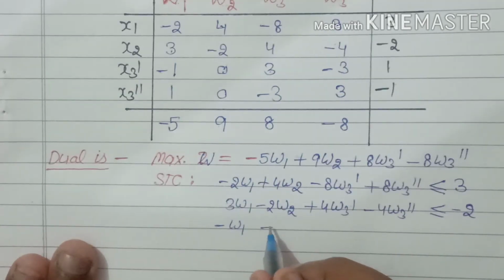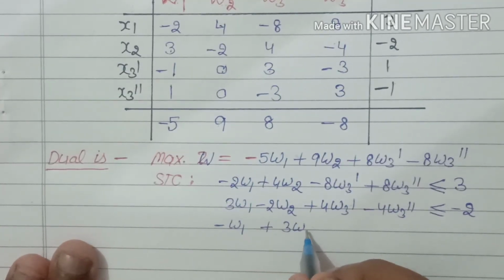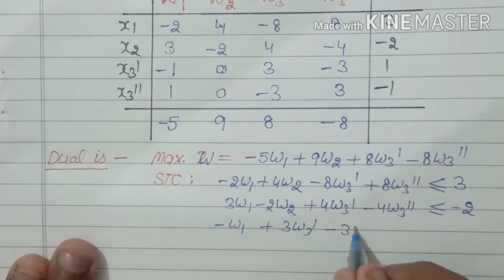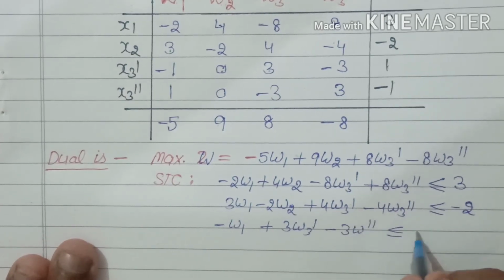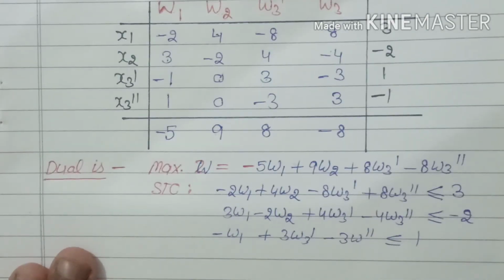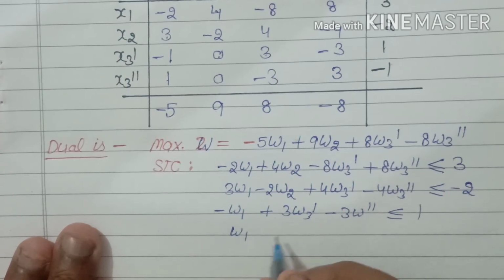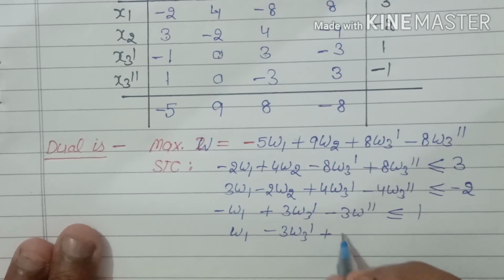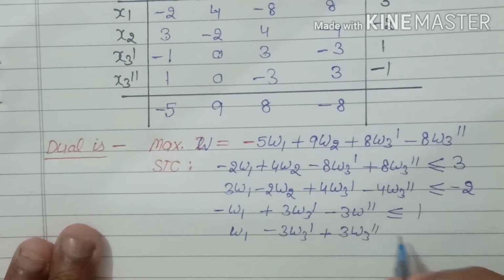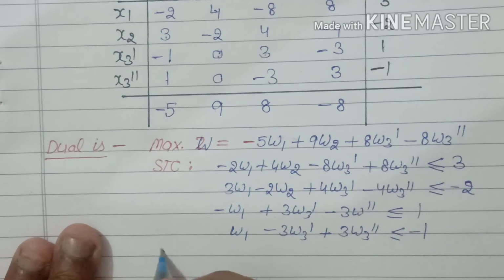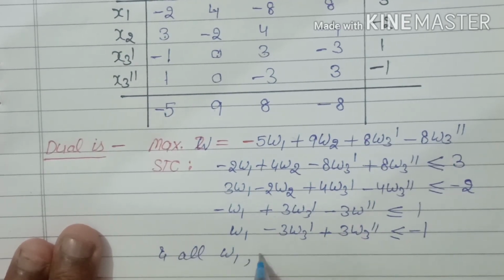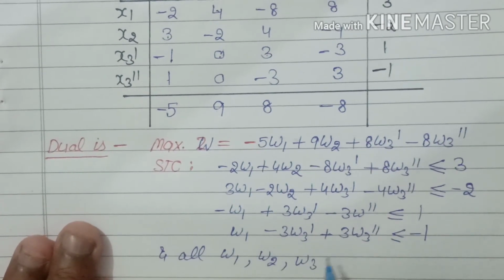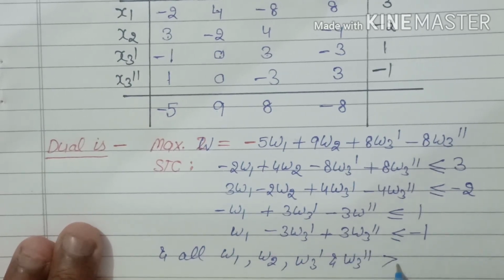Then multiply this with 3 w3 dash, and this is minus 3 w3 double dash, and this is equal to 1. Now for the fourth equation, multiply these values with these values. So the equation will be w1 minus 3 w3 dash plus 3 w3 double dash less than or equal to minus 1, and all w1, w2, w3 dash and w3 double dash are greater than or equal to 0.